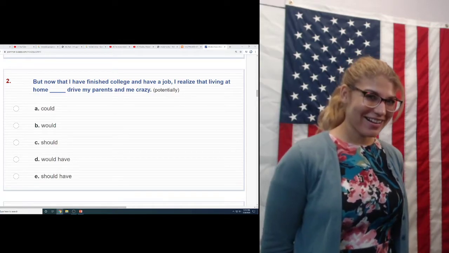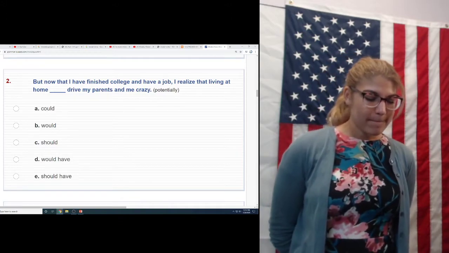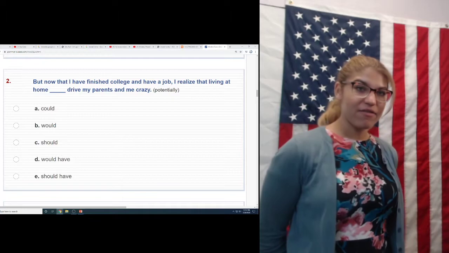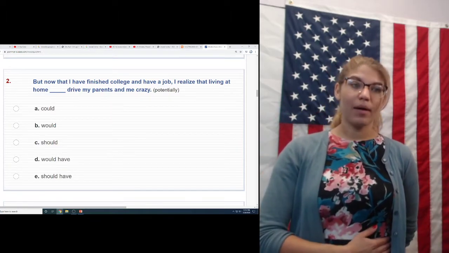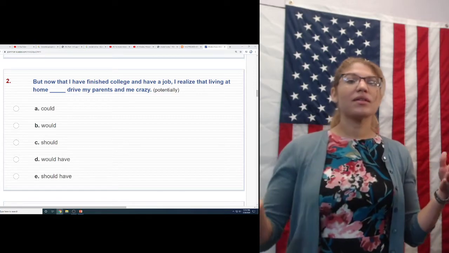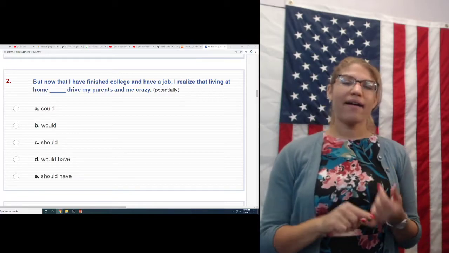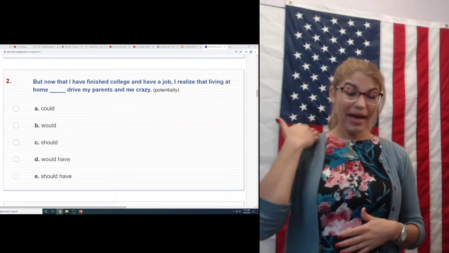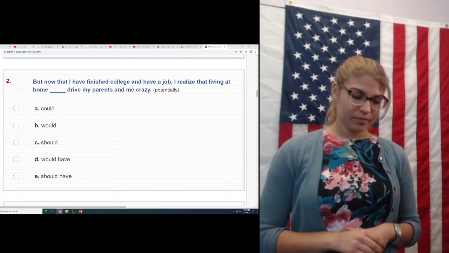Come on, Miss Carlita, Miss Brenda. Now, would have and should have, our last two options at the bottom, are both in the past. Because would have and should have are in the past, we will not use either of those options.